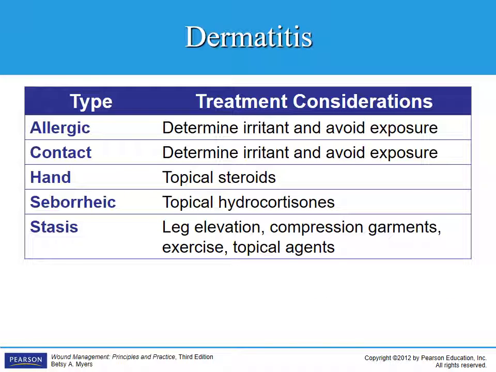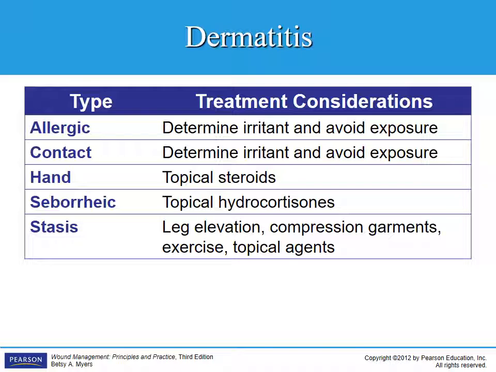So dermatitis, the different types of dermatitis: there's allergic, there's contact, hand, seborrheic, and stasis. So when you are looking at these, the contact and allergic, you just want to determine what is irritating them and avoid exposure to it.